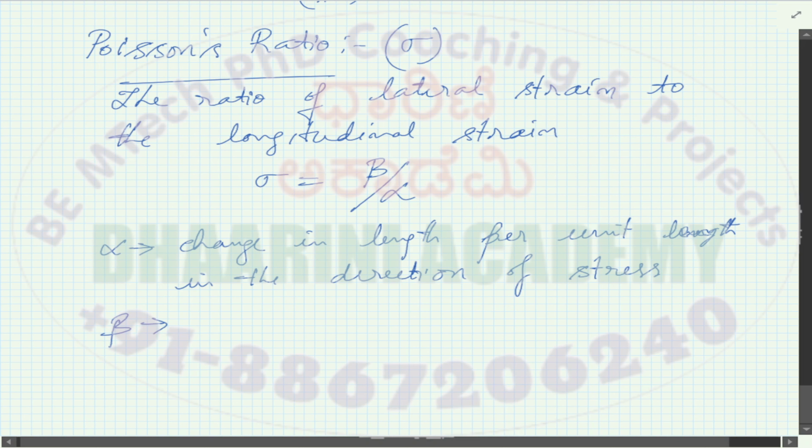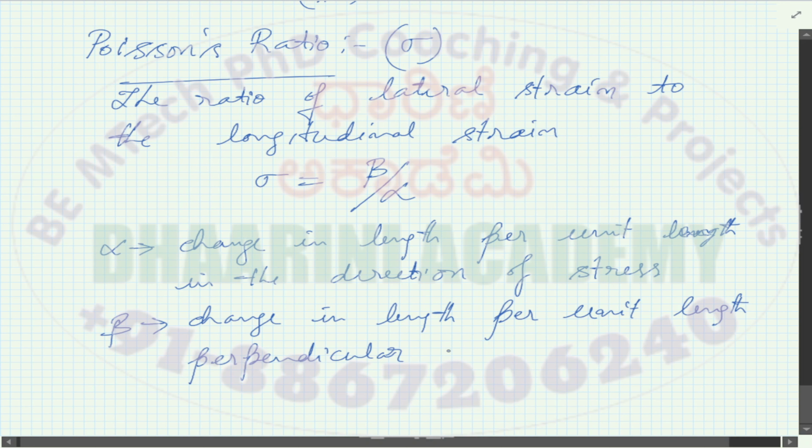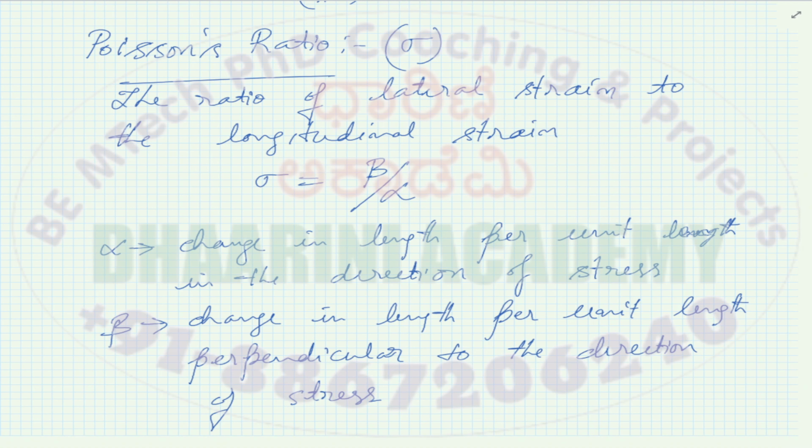So I can still call this the change in length per unit length perpendicular to the direction of stress. Stress is applied in one direction, and perpendicular to that, how much change in length takes place. All right, that's how we define the two quantities.